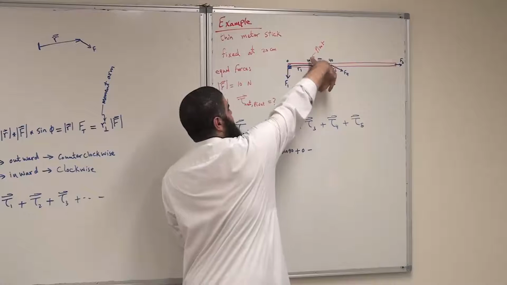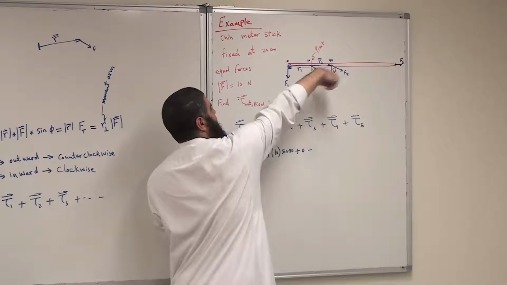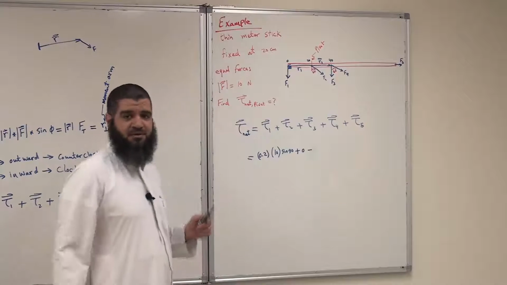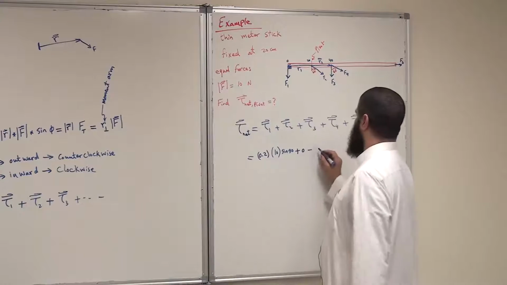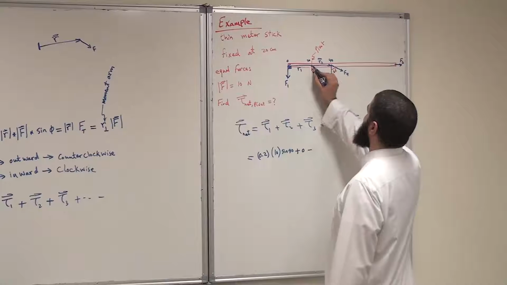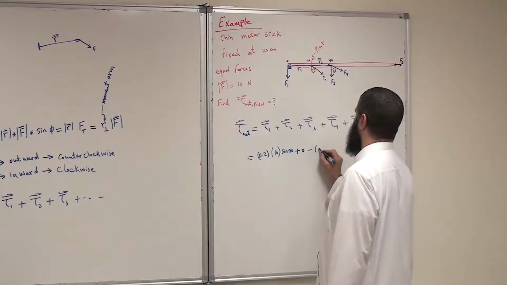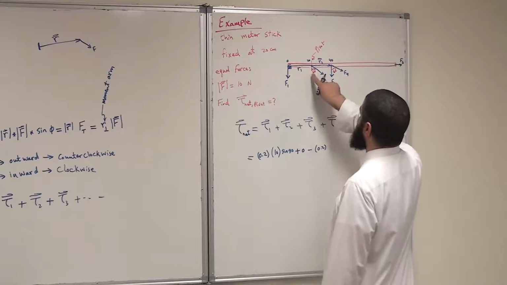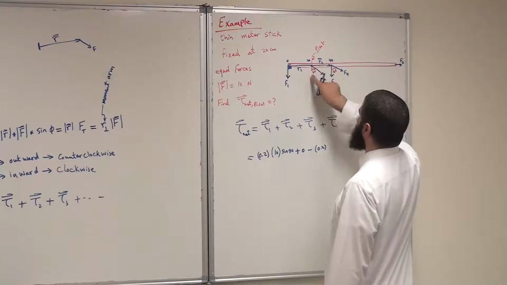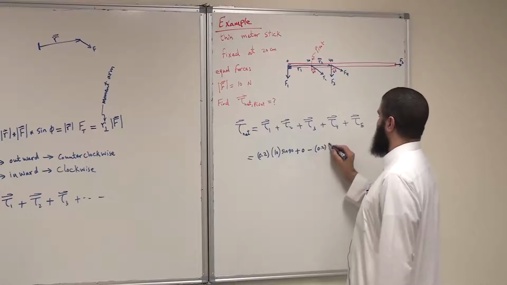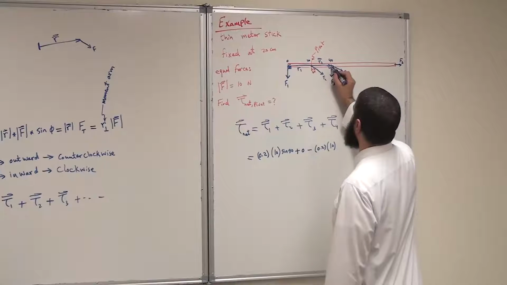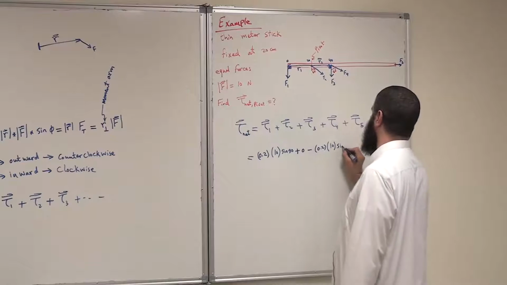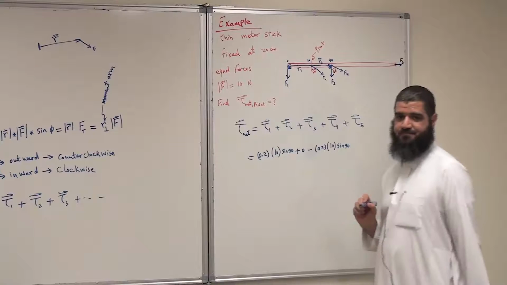R3 cross F3 will give you inward torque, and inward is negative. How much is the magnitude of R3? It is 0.2, because it is 20 centimeters from this point, multiplied by the force, which is 10 newtons, multiplied by sine of the angle. The angle here is 90, so sine 90 is 1.